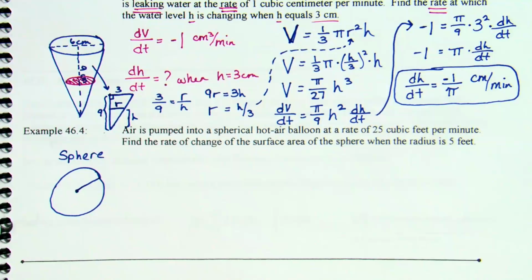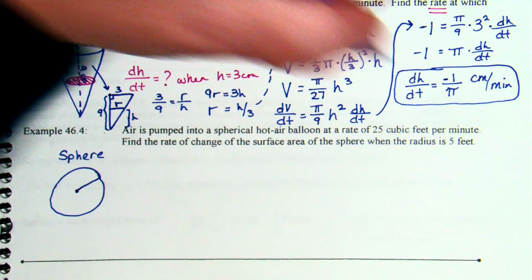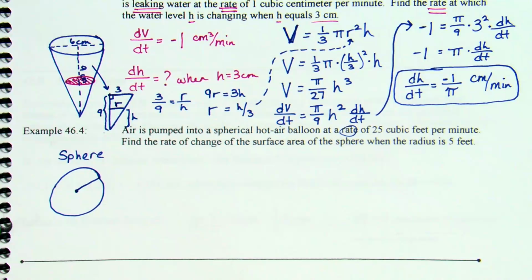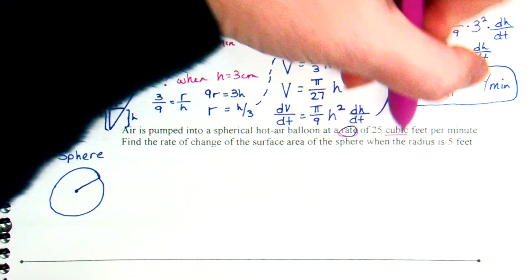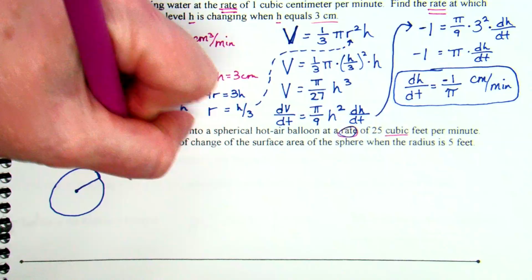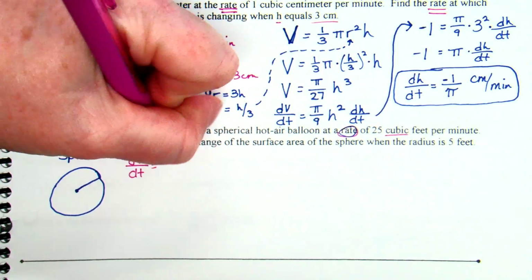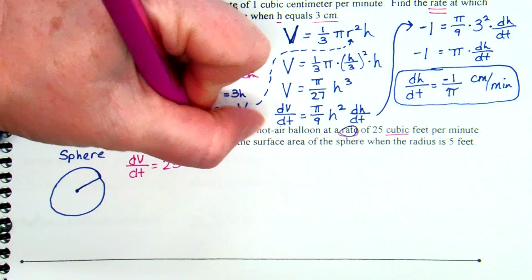Air is pumped into a spherical hot air balloon at a rate of 25 cubic feet per minute. What is that 25 cubic feet per minute? dV/dt. We know it's dV/dt because it's 25 cubic feet per minute. Anytime I see cubic, I'm thinking volume.